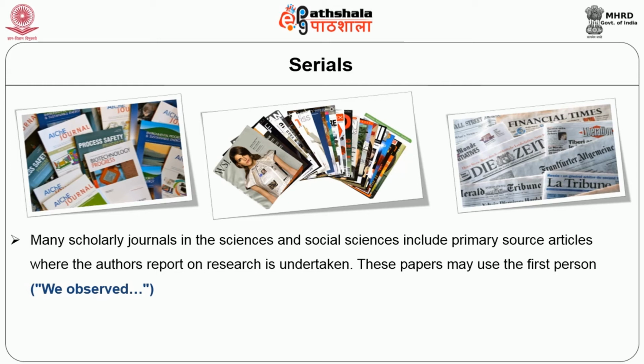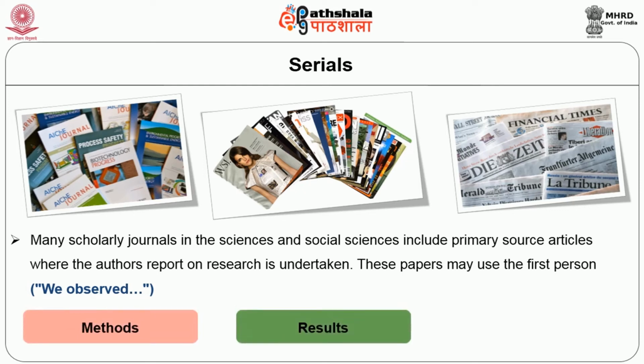Many scholarly journals in the sciences and social sciences include primary sources in articles where the authors report on research undertaken. These papers may use the first person "we observe." These articles usually follow a standard format with sections like methods, results, and conclusions.